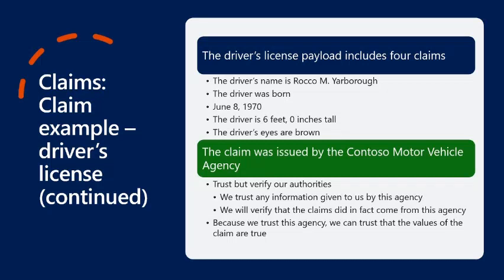So in this claim, the claim name would be date of birth. In the previous example, the claim value would be your date of birth, for example, January 8, 2020, and the issuer would be the authority who issued your identity or your license.